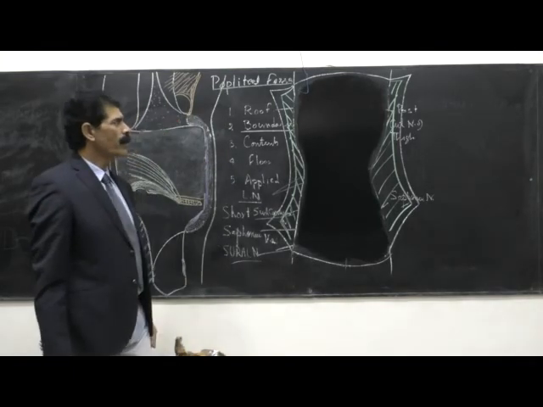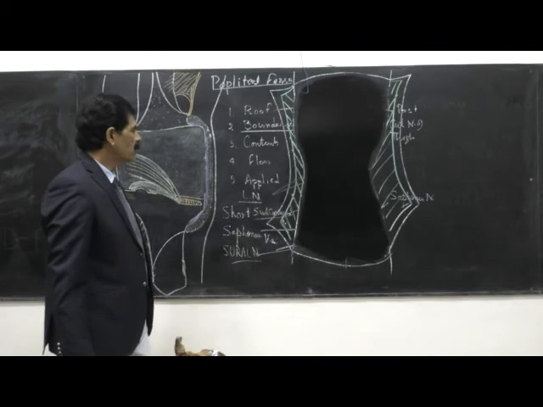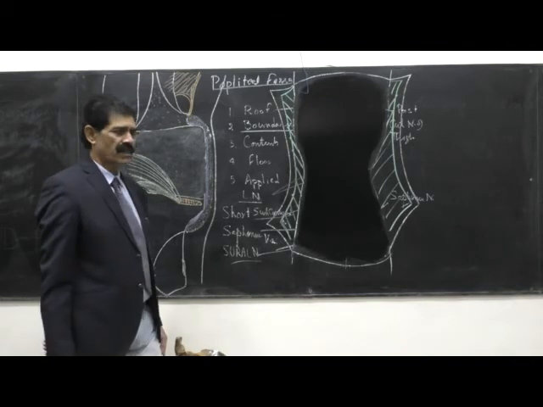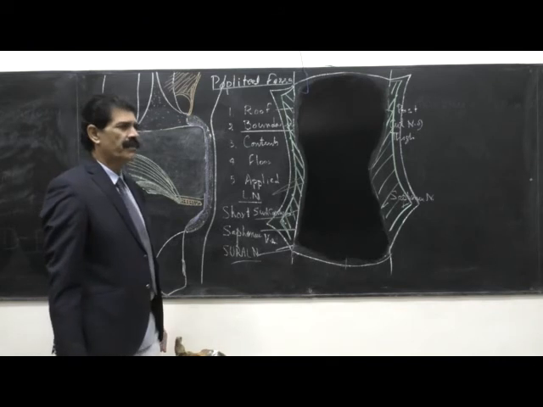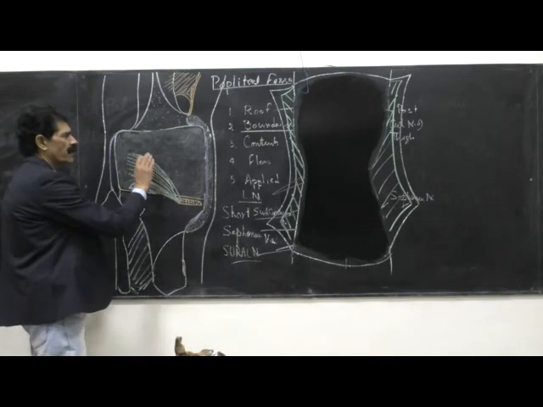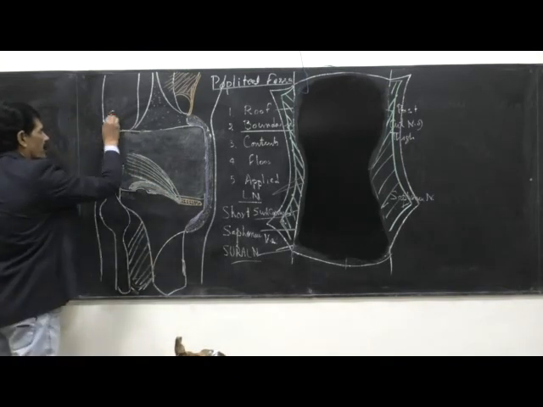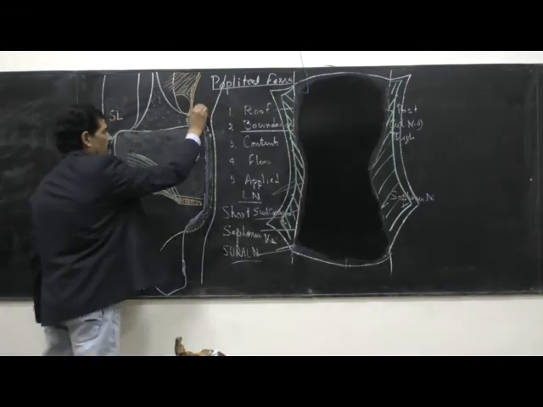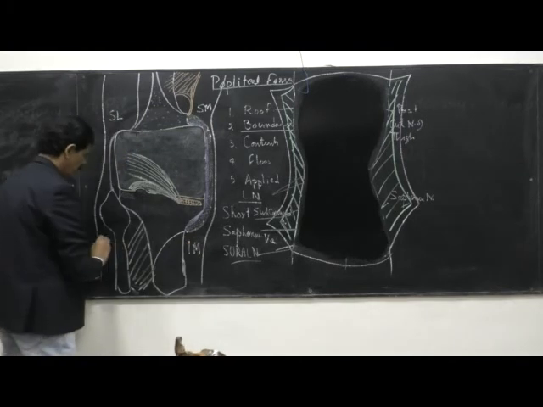The boundaries of the popliteal fossa are muscular, formed by various muscles. As it is a diamond shaped fossa, the boundaries are superolateral, superomedial, inferomedial, and inferolateral.